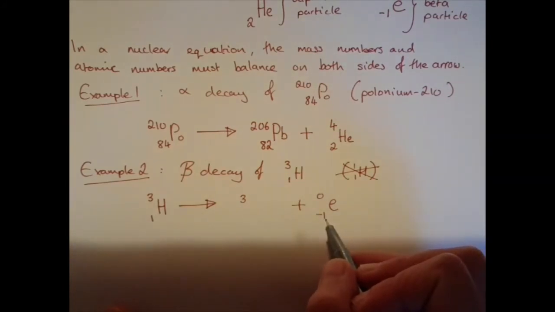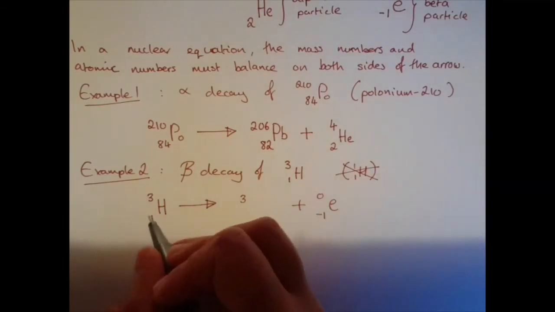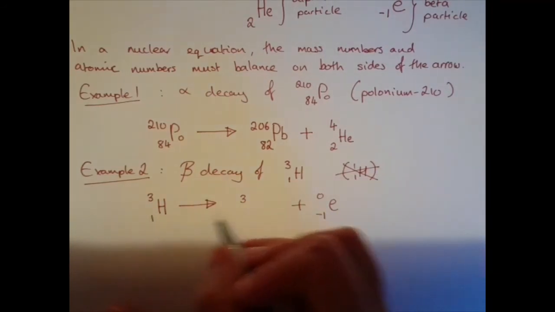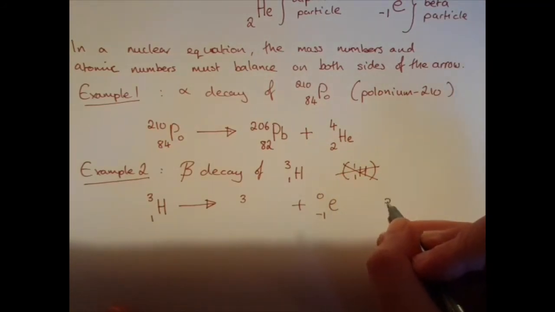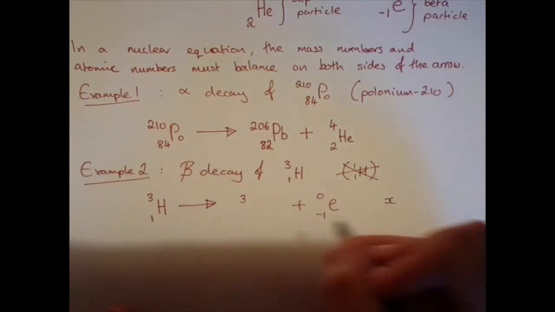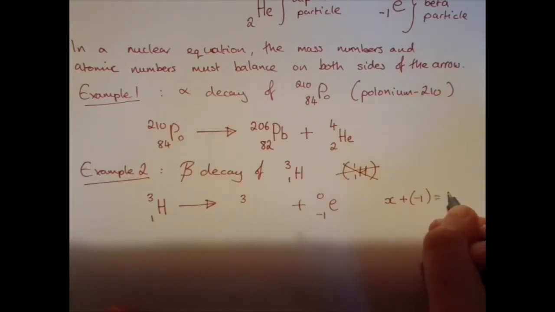I could make almost like a little algebra equation. So my total atomic numbers on this side have to equal 1. So if I give this the symbol x, I've got x plus minus 1 equals 1.